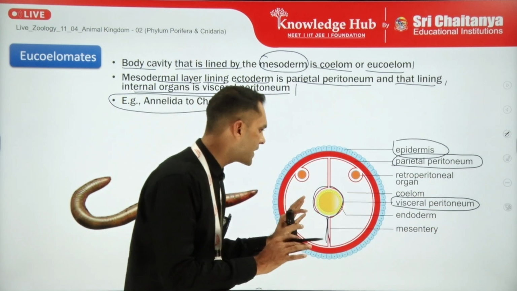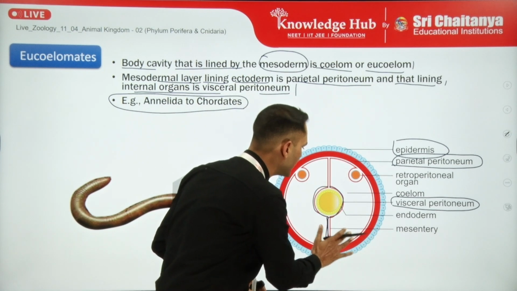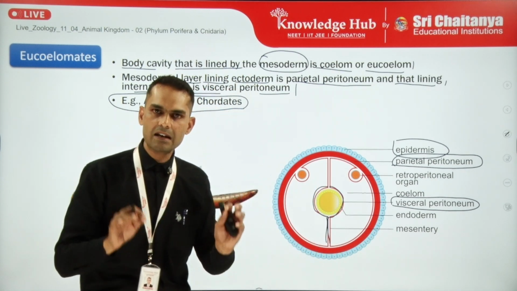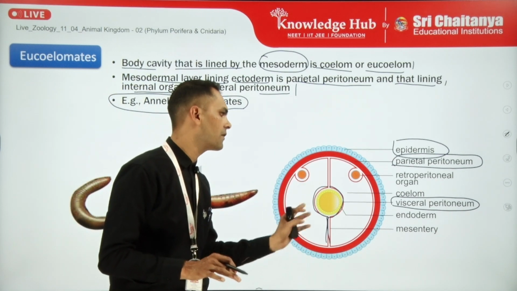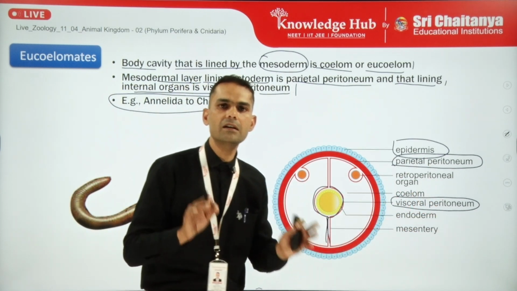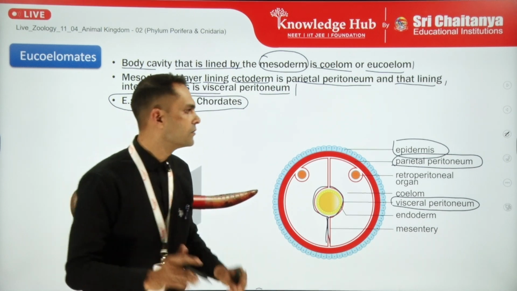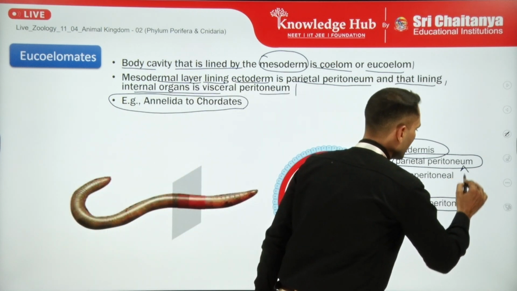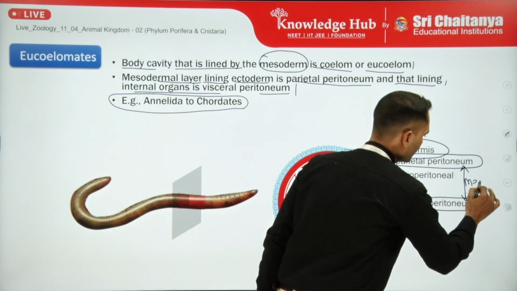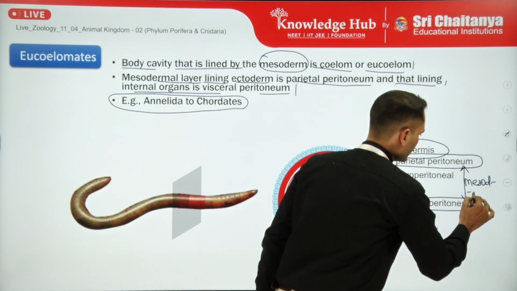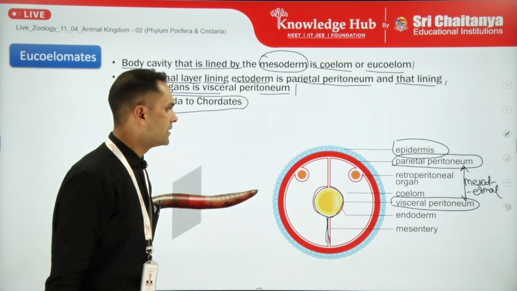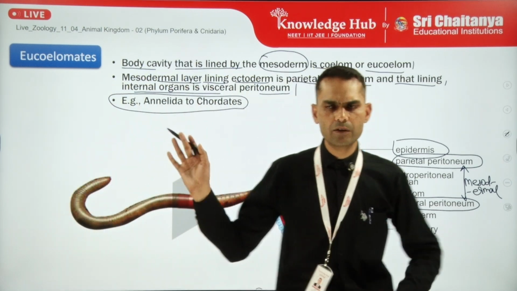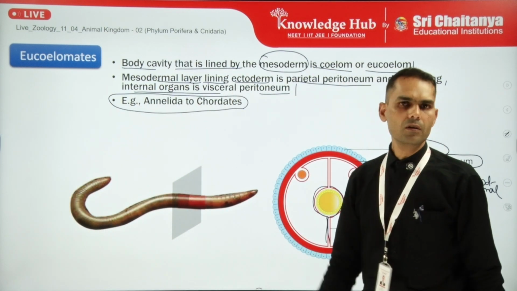So we can now say that the cavity which is being present in between these two layers is a coelom cavity, is a true coelom cavity, as both the sides are covered by mesodermal origin layer of cells. Fine. So these two are mesodermal in origin. You must remember that. Correct? So this is the true coelom cavity. Example you can see from Annelida to chordates.